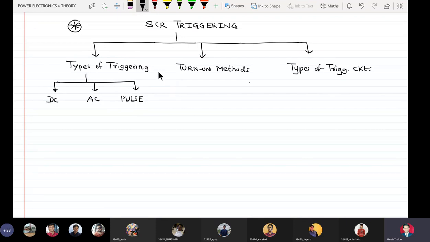Turn on methods are of different types. First method is called high forward voltage, which is never used. Second is called thermal triggering.